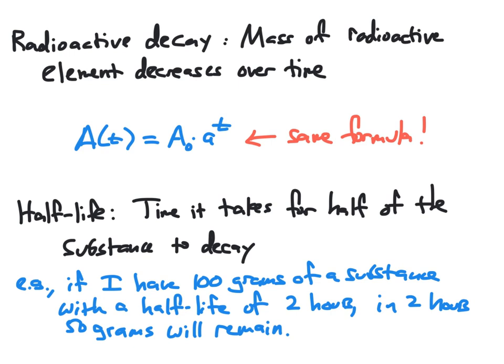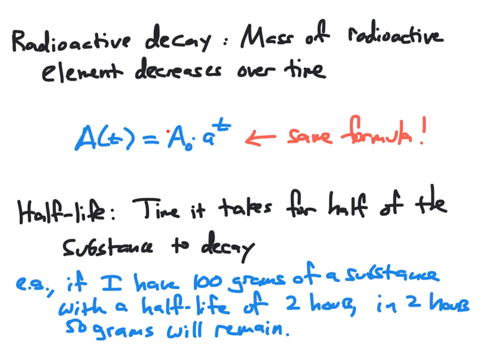Here we use A to represent the amount of the substance, instead of P, which stood for population. And we have A of t equals A sub 0 times a to the t. And all of these represent essentially the same quantities as for exponential growth. A of t is the amount remaining after time t.